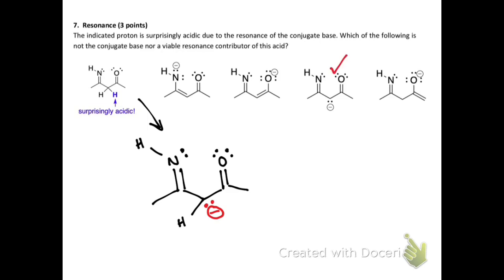Now then, what do the various resonance contributors look like? So for the first one, we're going to take these electrons here and push them this direction. Anytime you have a lone pair of electrons adjacent to a double bond, you can do some electron pushing like this. And we're going to push these electrons back to make our first resonance contributor. So the first resonance contributor is going to look like this.